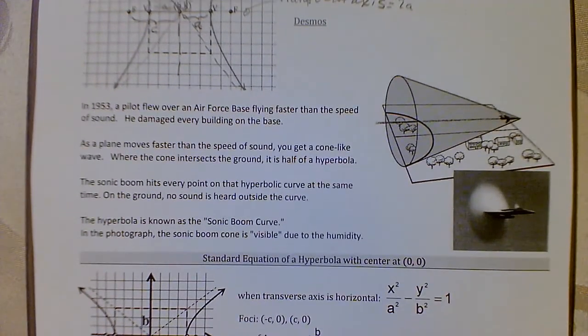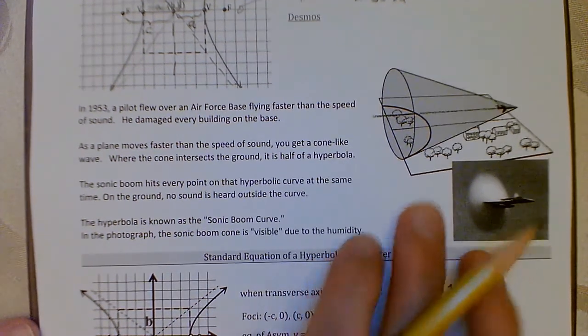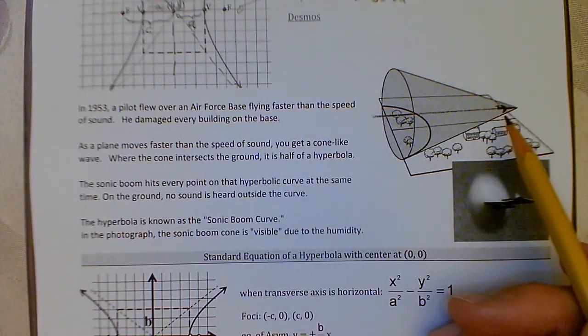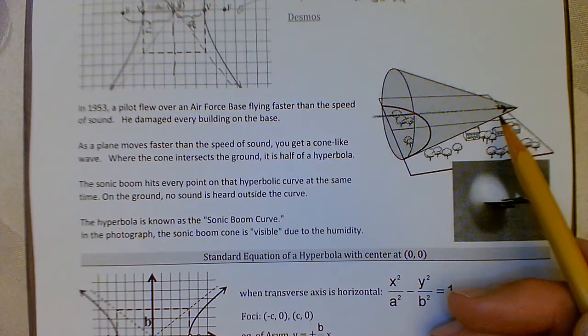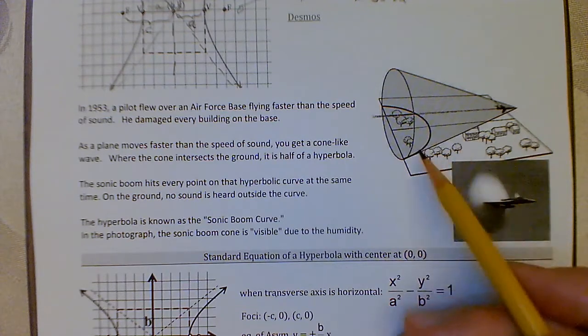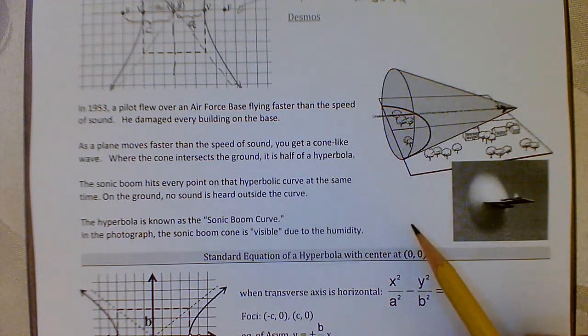All right, so let's talk about an example of a use of a hyperbola and how in science we might see the use of a hyperbola. So when they actually discovered supersonic flight, that means airplanes that would go faster than the speed of sound, or faster than Mach 1, the plane ends up creating a shock wave.